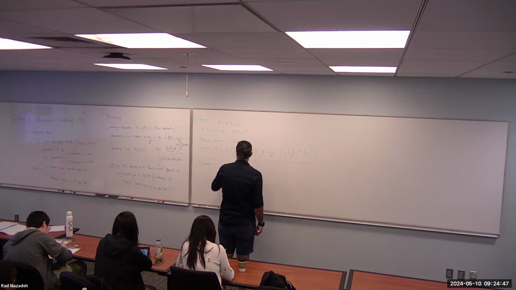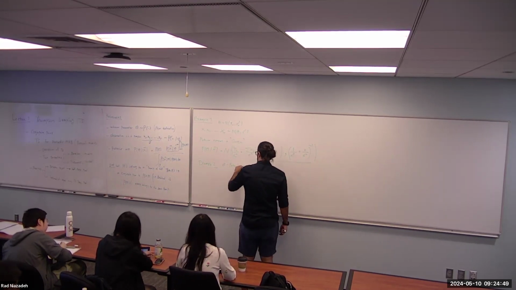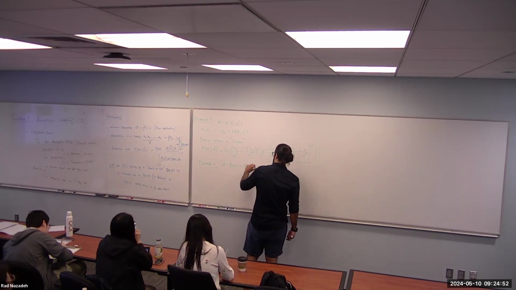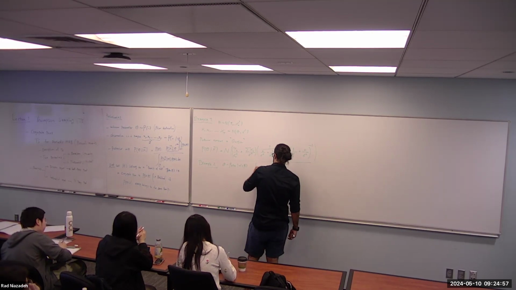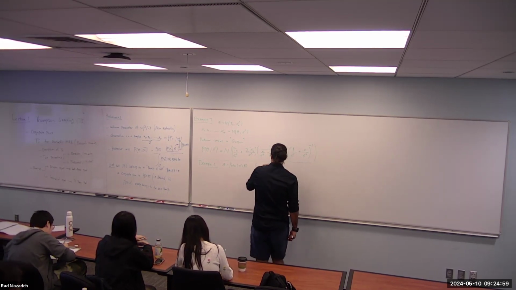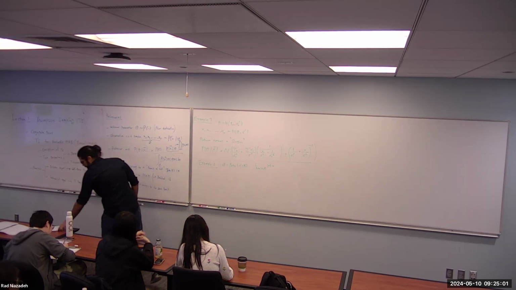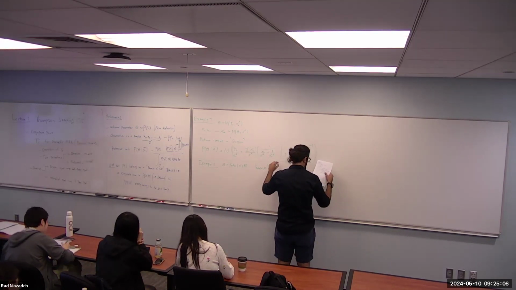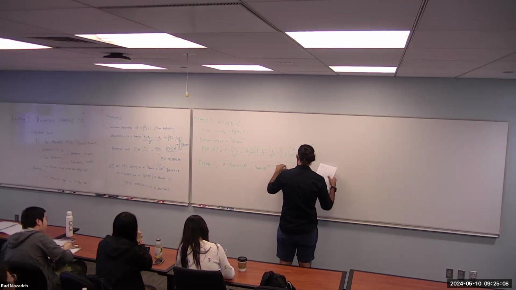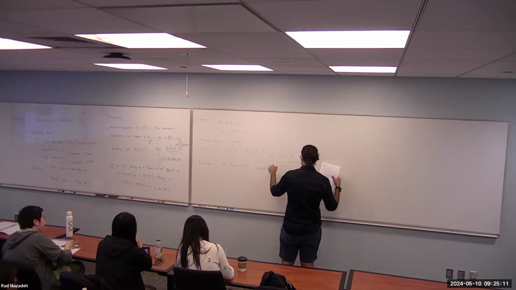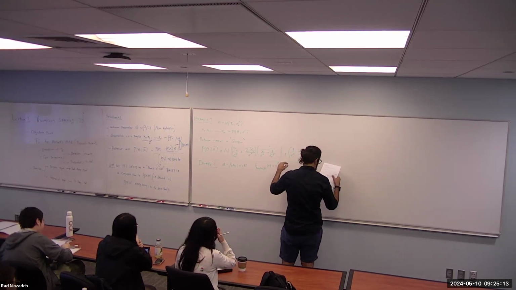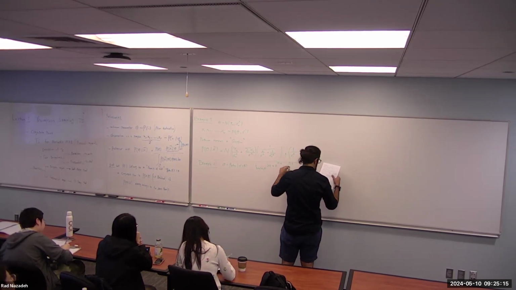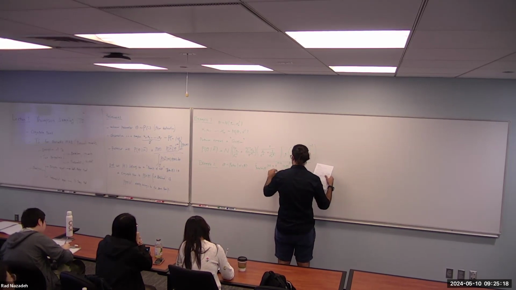Beta is this weird distribution where, just for completeness, we're not going to use all of the things I'm writing down here, the PDF is going to be x to the power alpha minus 1, 1 minus x to the power beta minus 1, divided by gamma alpha, gamma beta.